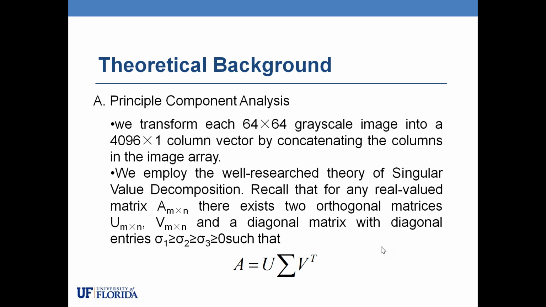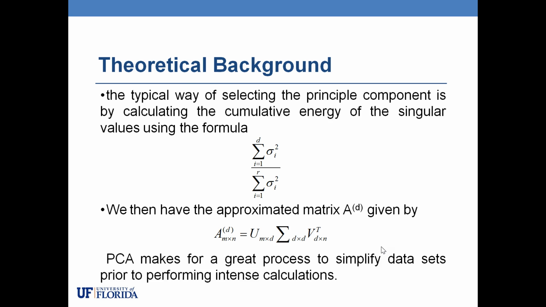Recall that for any real valued matrix, there exist two orthogonal matrices and a diagonal matrix with entries sigma 1 larger than sigma 2 larger than sigma 3 larger than 0. The typical way of selecting the principal components is by calculating the cumulative energy of the singular values using this formula.